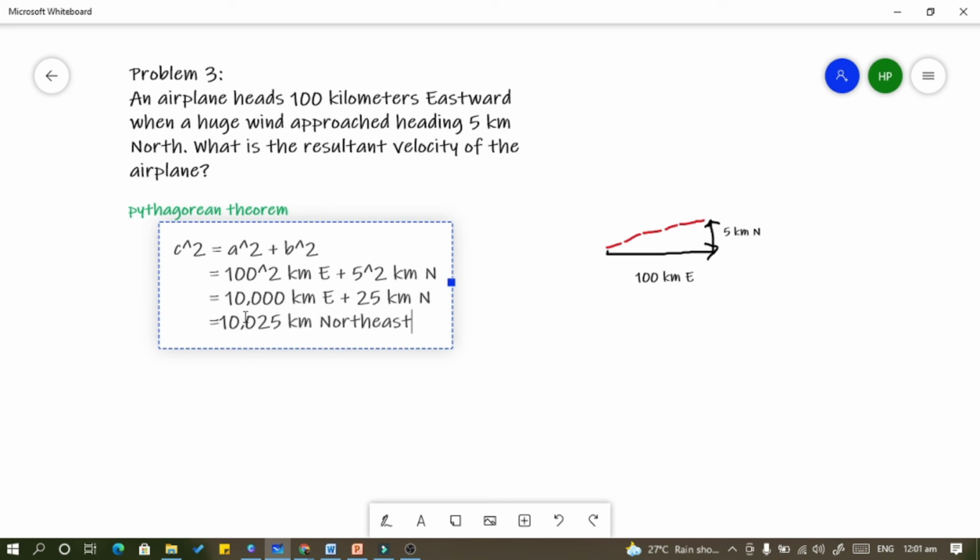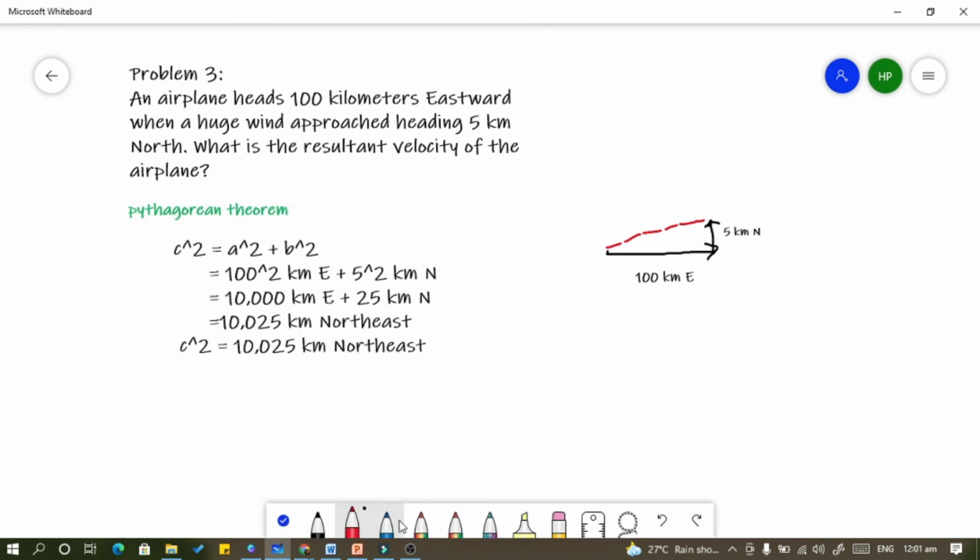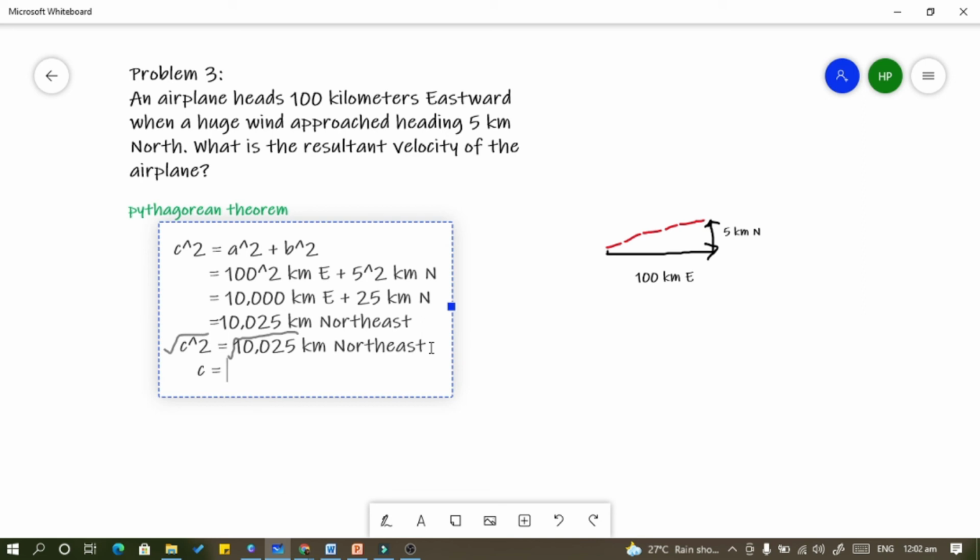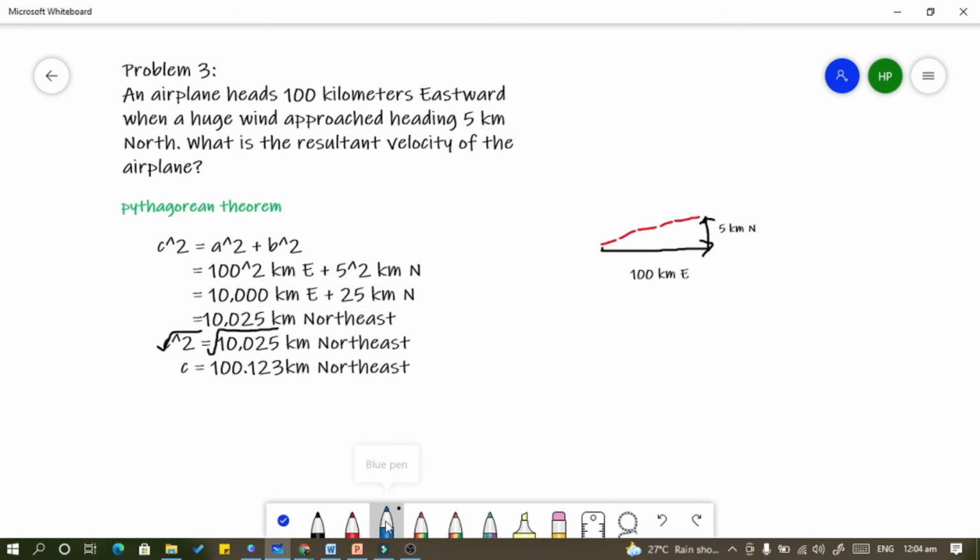We still need to find the square root of 10,025 kilometers. So c is equal to the square root of 10,025 kilometers, which is 100.123 kilometers northeast. So the resultant velocity of the airplane is 100.123 kilometers northeast.